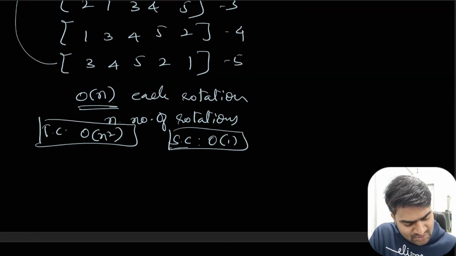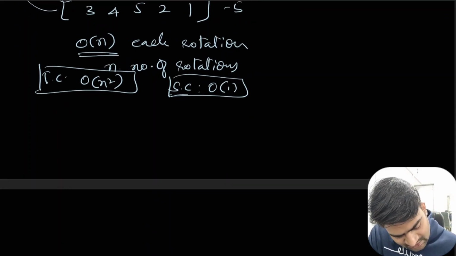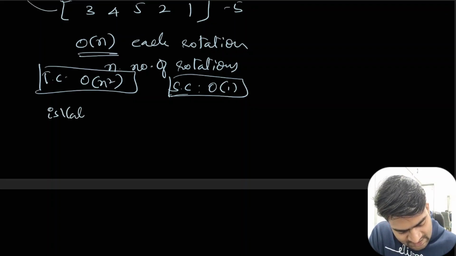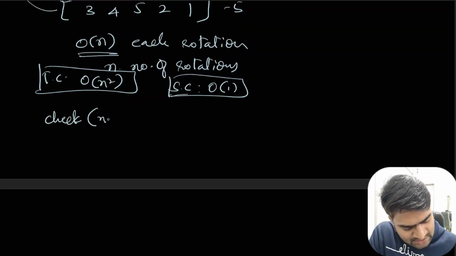Okay, let us look into the pseudo code for this one. So I will say check, maybe, and then I'll pass the nums array.